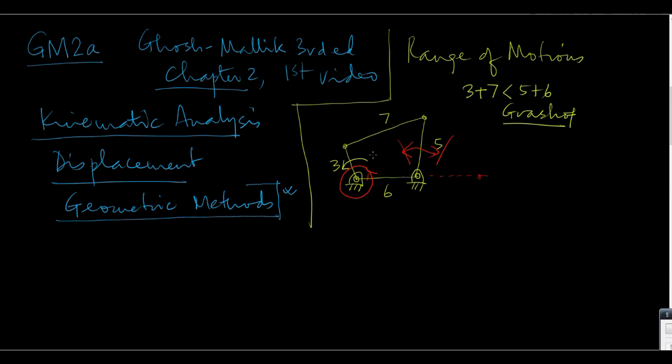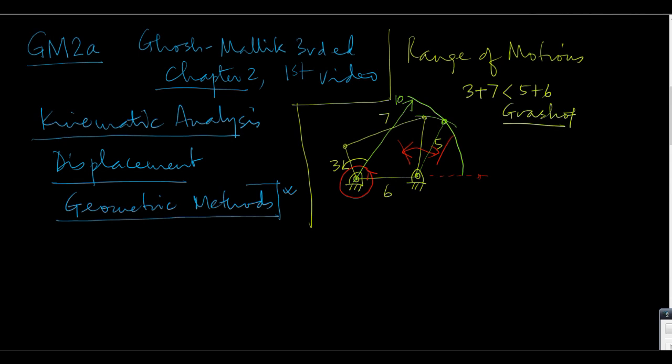With that supposition, let me take green here. 3 plus 7 is 10. So this being 6, that's about 10. Let me draw an arc of radius 10, and over here this point of course still moves in an arc of radius 5, so this is the extreme position.